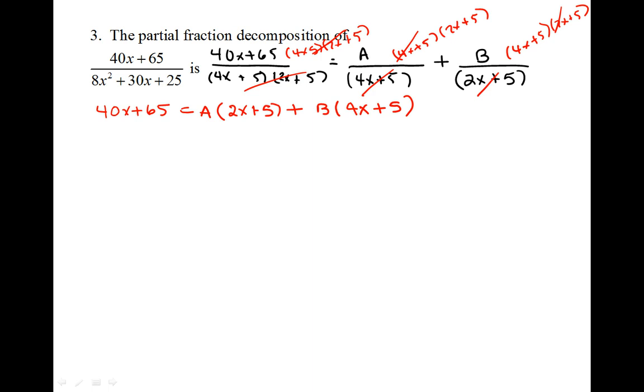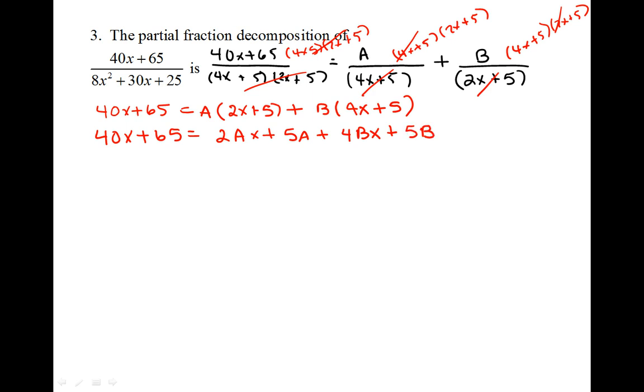So we'll have 40x plus 65. Distributing, I'm going to get 2Ax plus 5A plus 4Bx plus 5B.